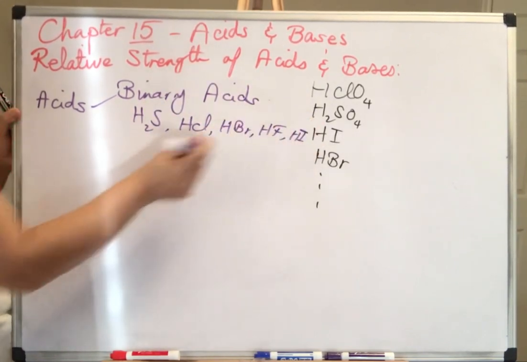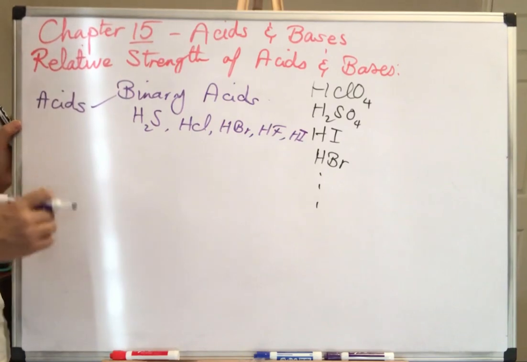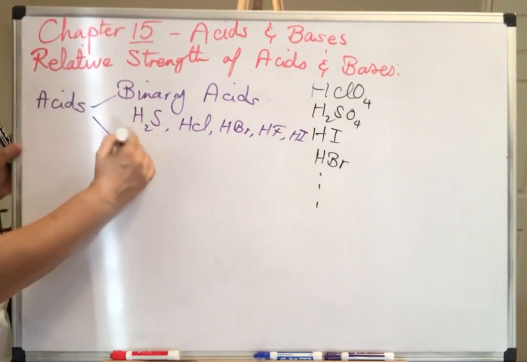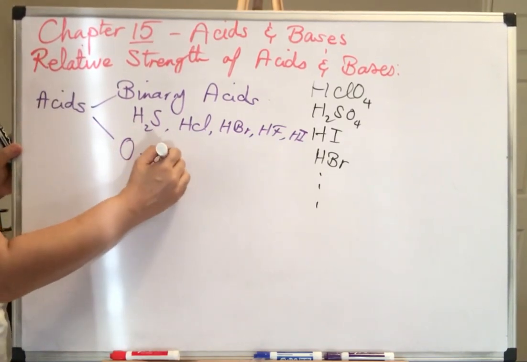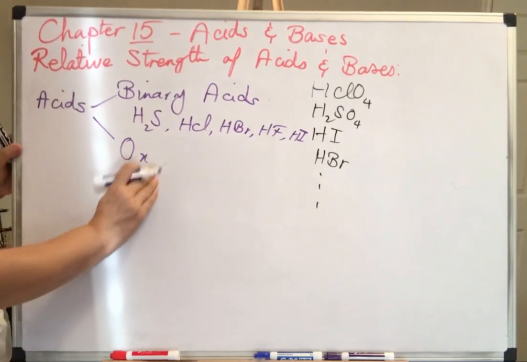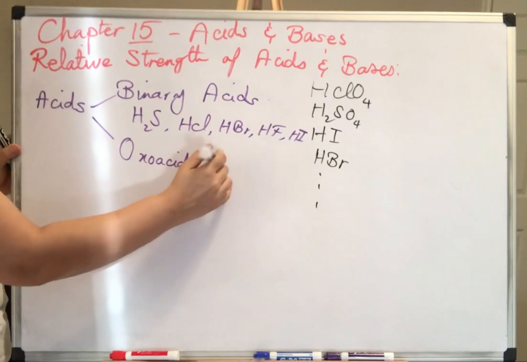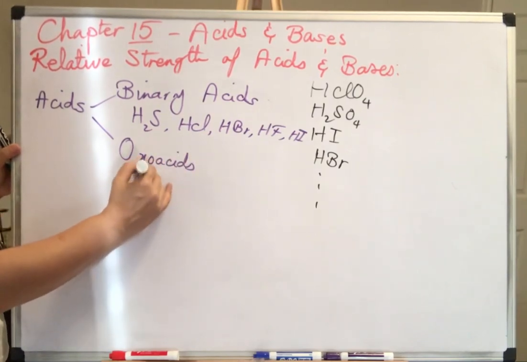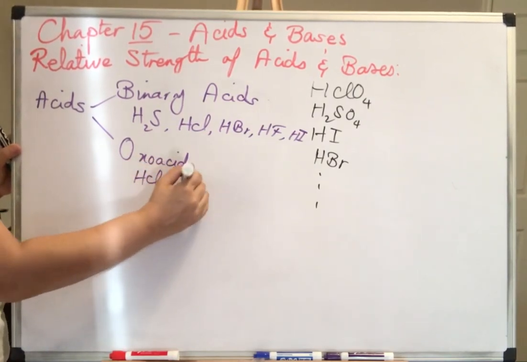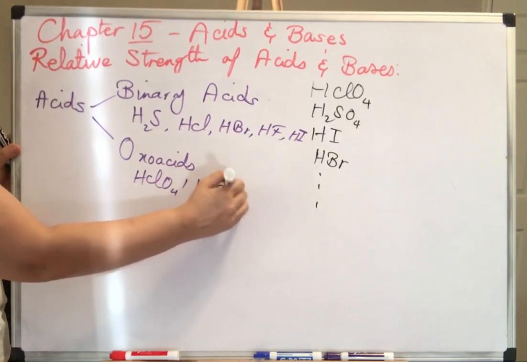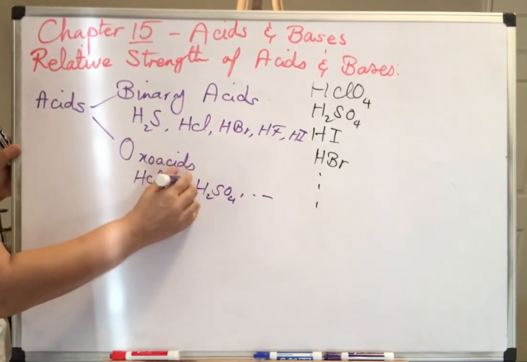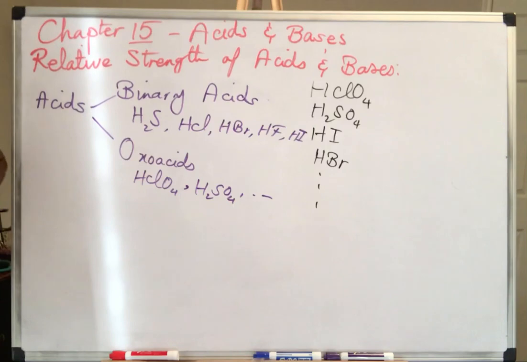These are binary acids. Hydrogen plus a monatomic anion. And we also have oxyacids or oxoacids, like HClO4, like H2SO4, and so on. The acids with oxygen, acids with polyatomic anions.